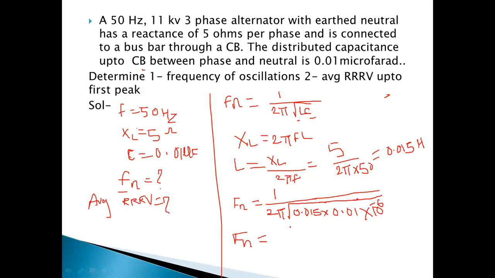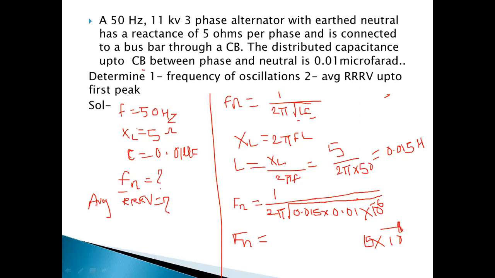So 0.15 into 10 raised to minus 6. Okay, 1, 2 means 1 into 10 raised to minus 8. Okay, so just leave this. And 1, 2, and 3. Correct. 15 into 10 raised to minus 3.